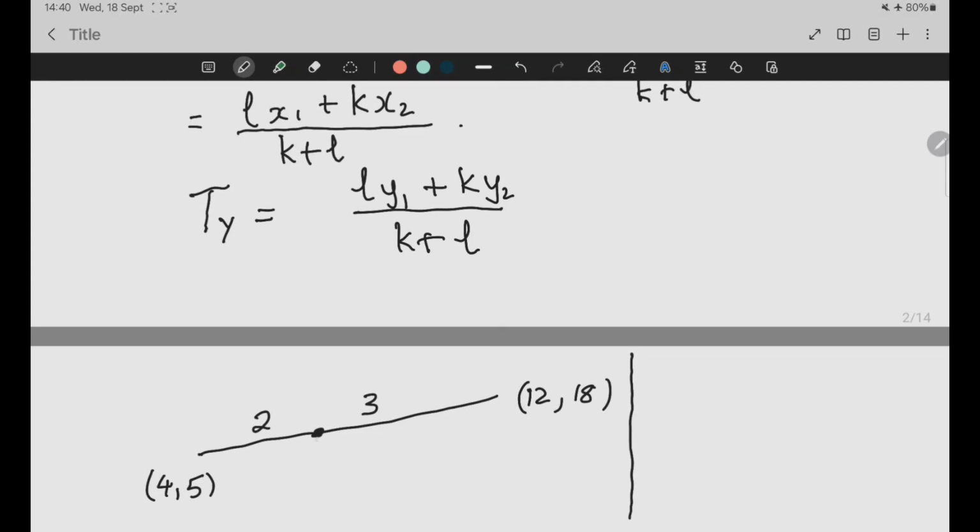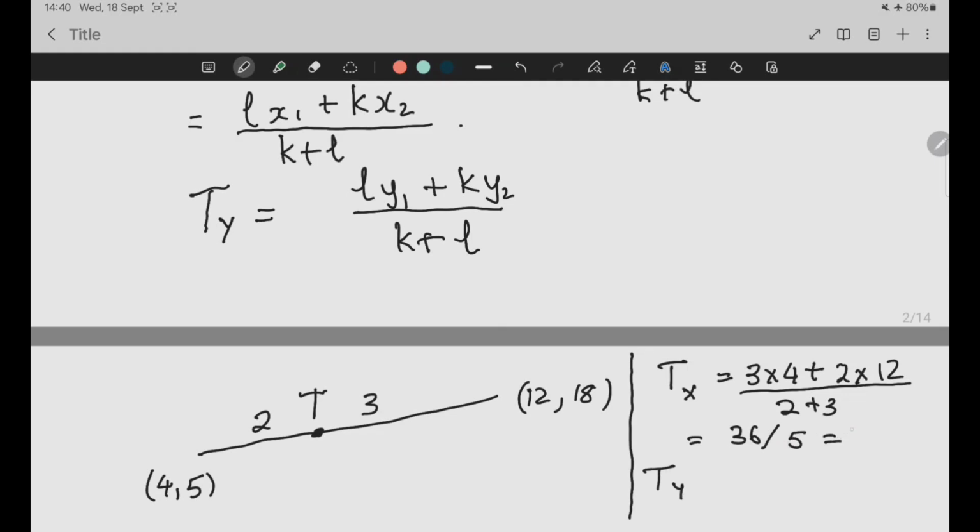Well, we call that point T. The x-coordinate of T will be 3 times 4 plus 2 times 12, divided by 2 plus 3, which comes to 36 over 5, which is 7.2.